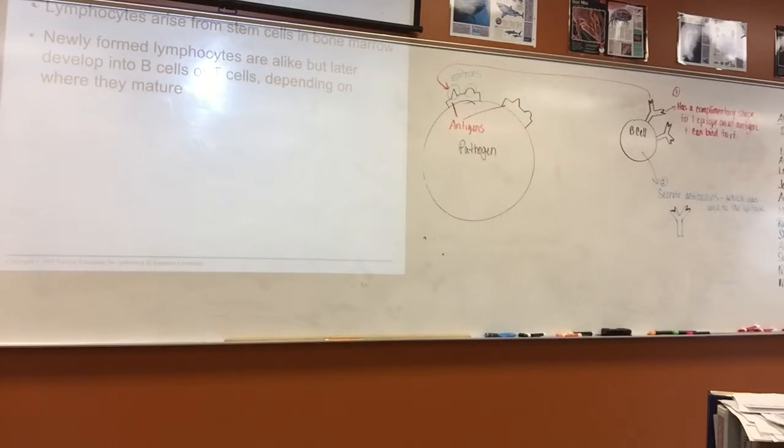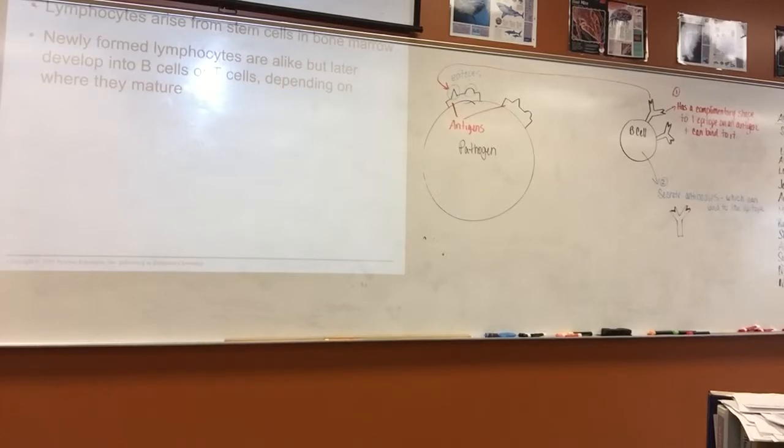Your stem cells in your bone marrow can't become any type of cell in your body. They're different, but there are some stem cells in your bone marrow that are lymphoid stem cells that can become different lymphocytes, so B cells and T cells.